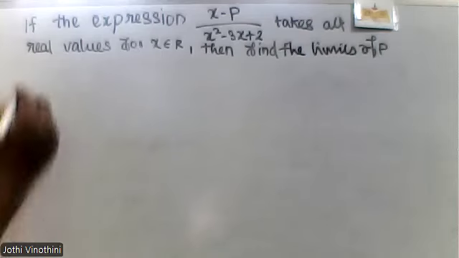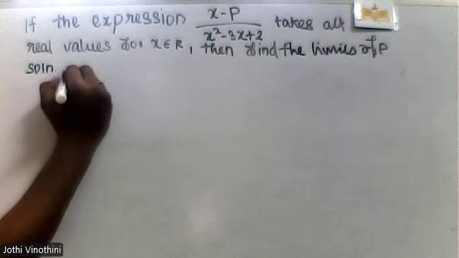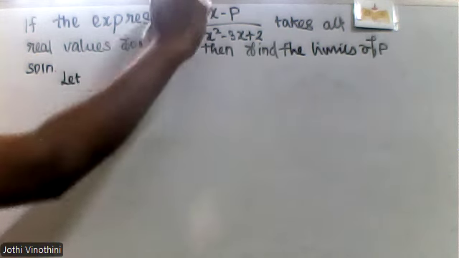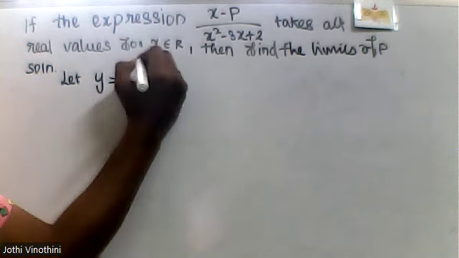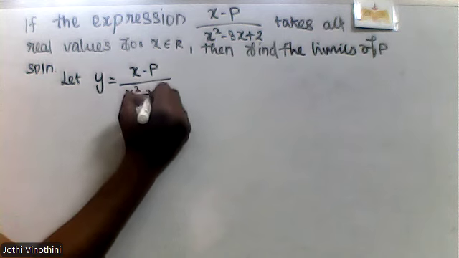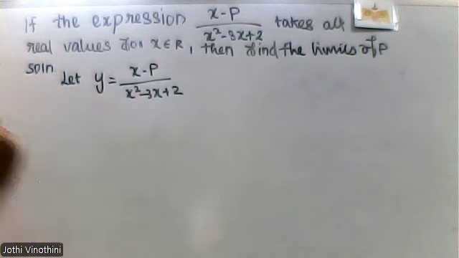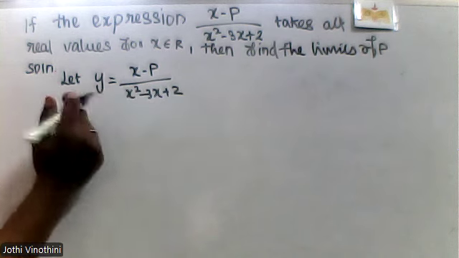Yes. So, solution. Like the previous sum, we are going to take this equation equal to y. So y equals x minus p divided by x squared minus 3x plus 2. Now I am going to take the denominator to the left hand side.